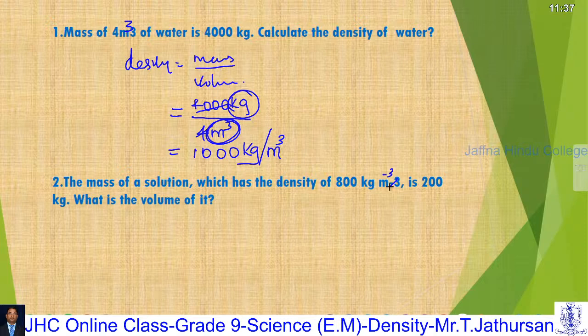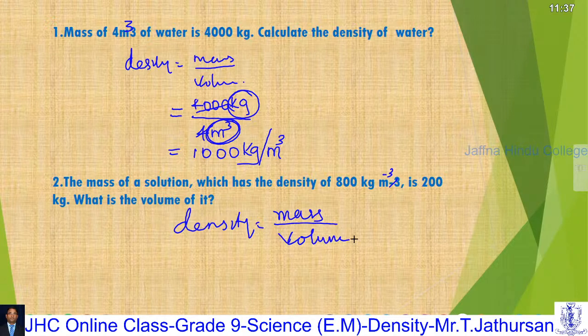Right. Density equals mass over volume. Density of the solution is 800 kilogram per meter cube. Mass of the solution is 200 kilogram. So we have to find the volume.